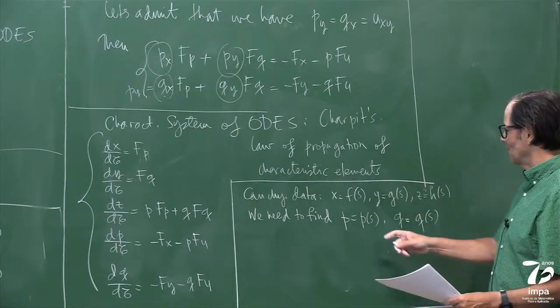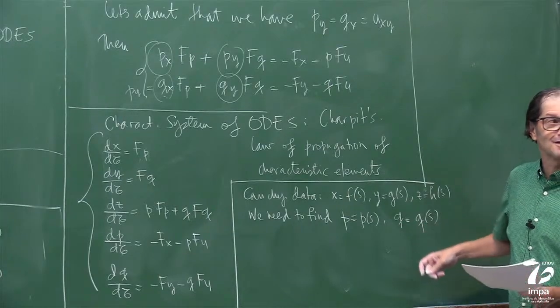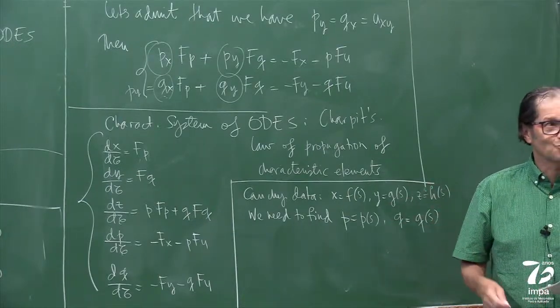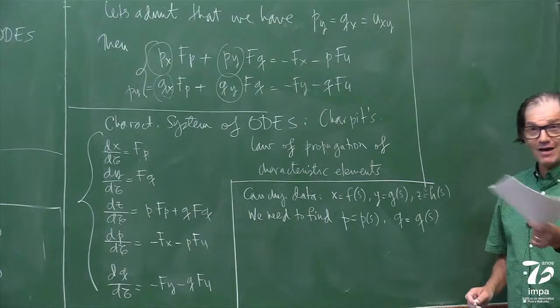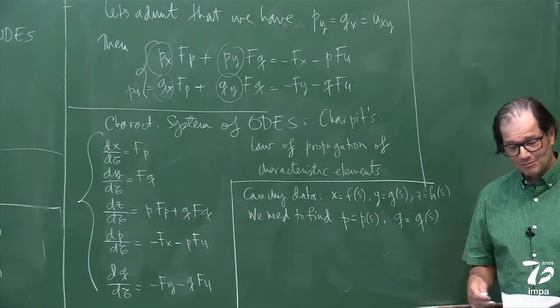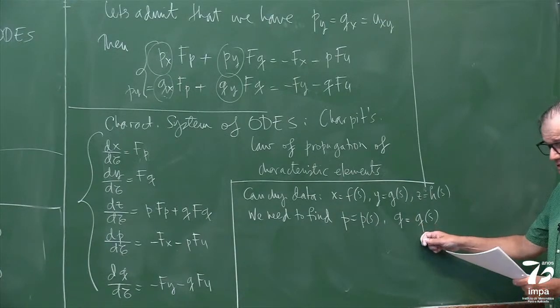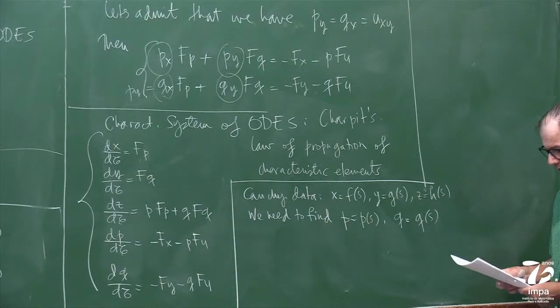We have to find P of S and Q of S. It's not G of S, it's Q of S. Right? It looks so fast that the G looks like a Q, but you know. And if you find typos in the notes, let me know, okay? Because I've been trying to type these notes up. So, okay. So this is the data I need to find.